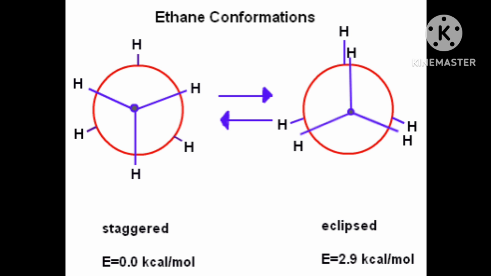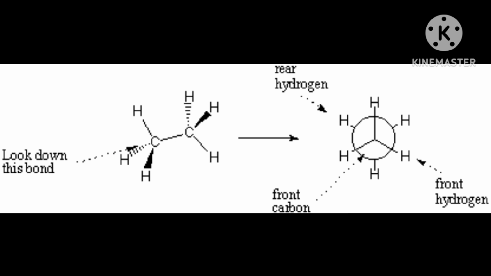In that situation the hydrogens are as far as possible, and it is known as the staggered conformation. Staggered means apart, maximum far from each other. And closest is the eclipsed. Okay.